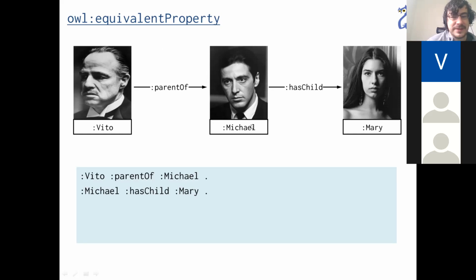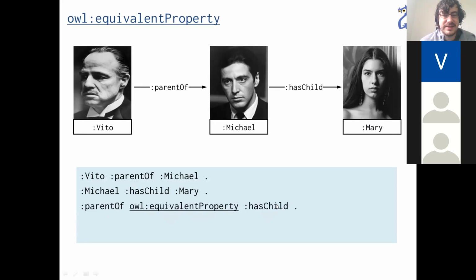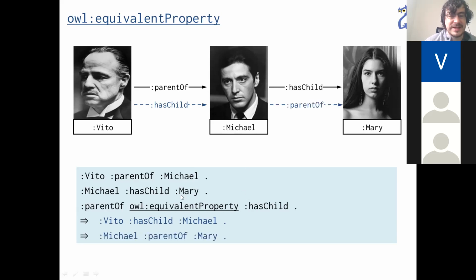If we have Vito parent of Michael and Michael has child Mary, and we say later that parent of is equivalent to has child, which if we think about it kind of makes sense, then we can infer that Vito has child Michael. But not only that, we can also infer that Michael is parent of Mary. It's like defining subproperty of in both directions. This is equivalent to saying parent of subproperty of has child and has child subproperty of parent of.